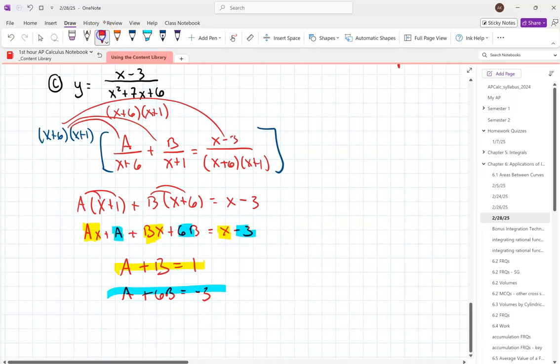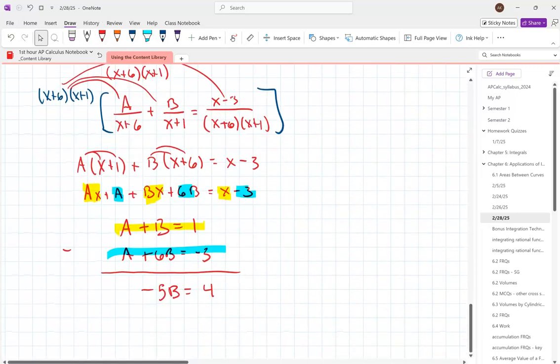If I subtract the two equations, let's do elimination, I'd get negative B equals 4, if I subtract the bottom equation from the top one. Everybody see that? We're just subtracting down. So B would have to be negative 4/5.